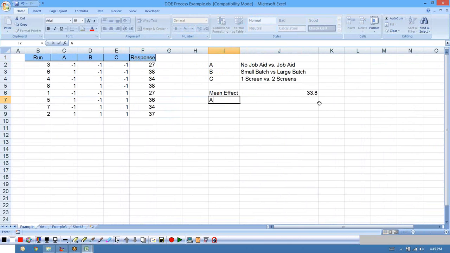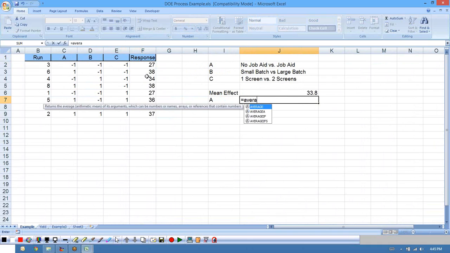How about A? Well, the effect of A would simply be the average of all the pluses minus the average of all the minuses. So the pluses are 38.